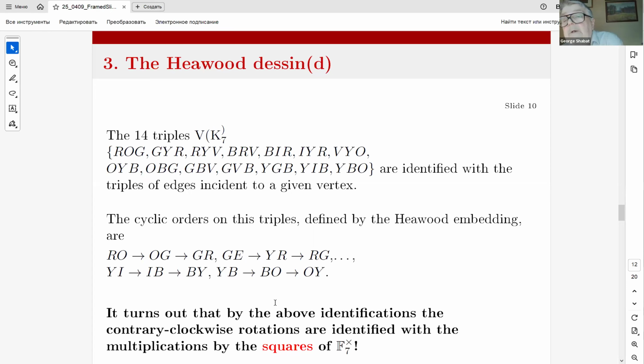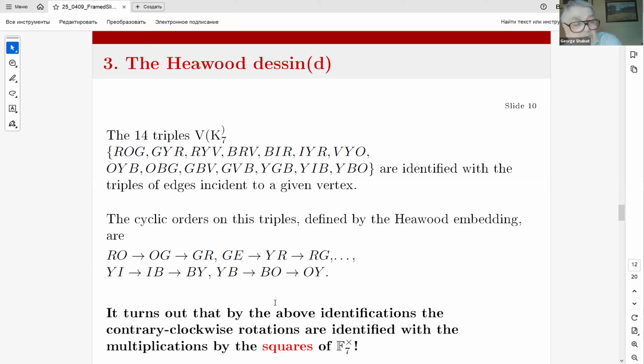I mean, we actually use the standard theorem that the multiplicative group of any finite field is cyclic, and here we have the cyclic group of order 6 and the subgroup of index 2 of it that consists of the squares in the multiplicative group.